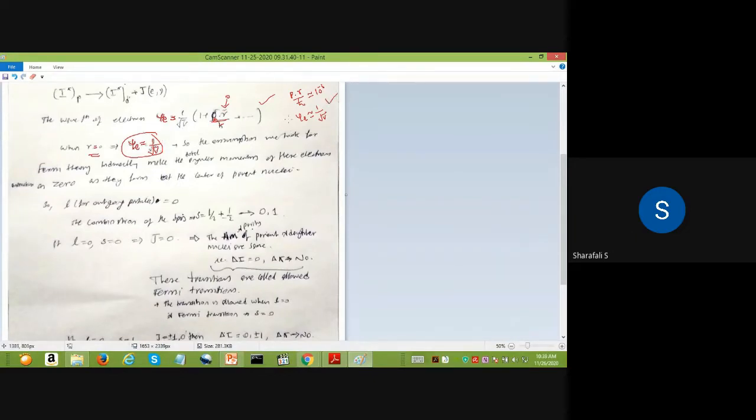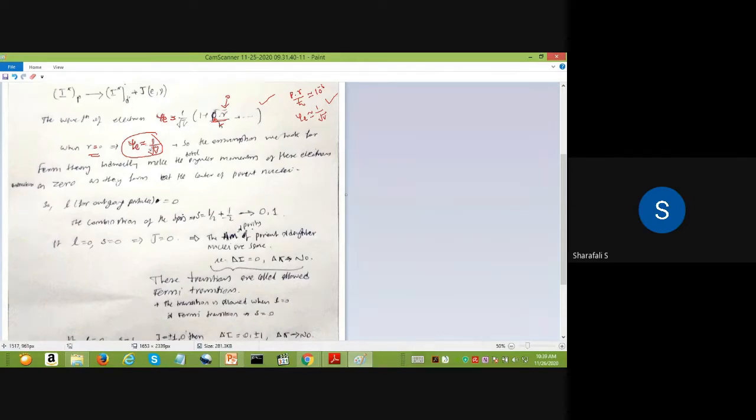When we assumed that p dot r by h cross is very small and can be neglected from this expansion, and psi_e becomes 1 by root V, we indirectly made the r value equal to 0, which means that in both cases we get the same psi_e value.